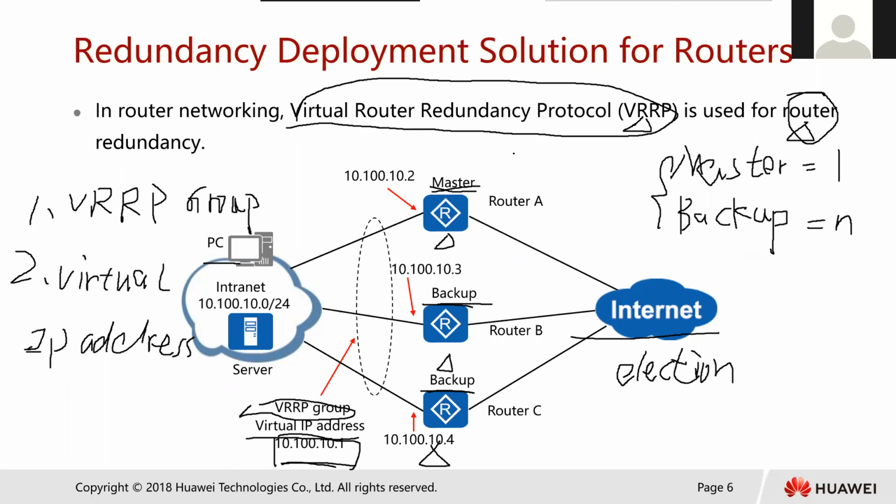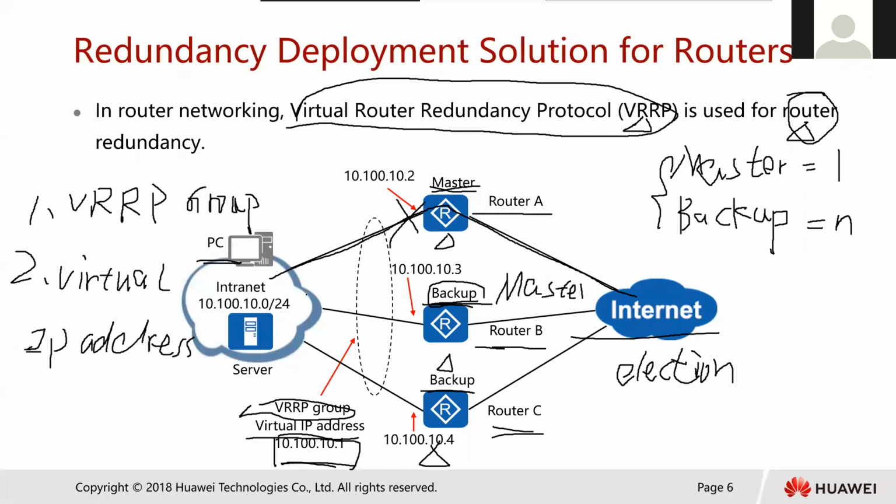For example, in this scenario, it chooses router A as the master, and the PC accesses the internet through router A. If router A is down, router B and router C, which are backups, will also do an election to let one, for example router B, become the master.